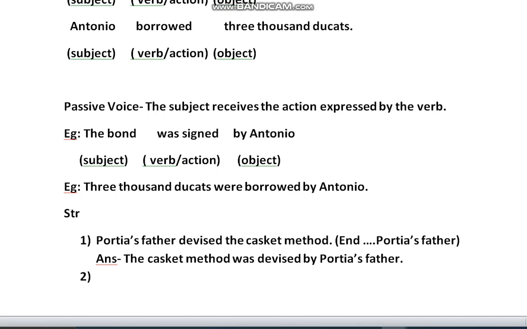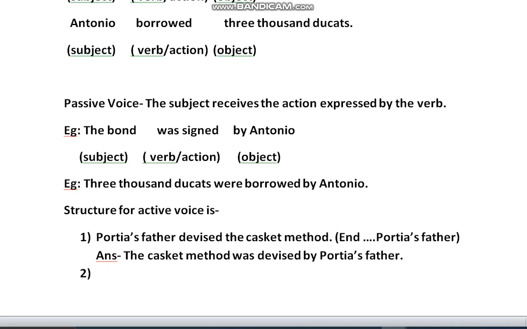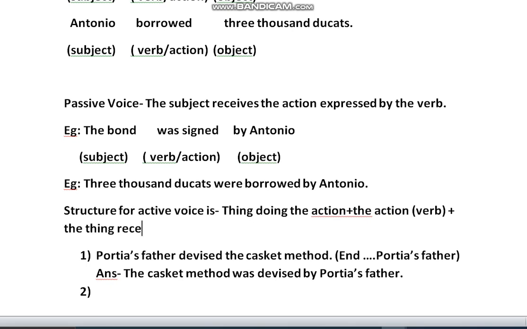I will write the structure again. Structure for active voice is: thing doing the action, plus the action, then the thing receiving the action.